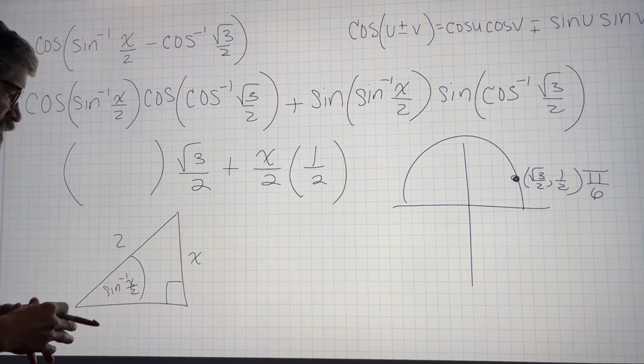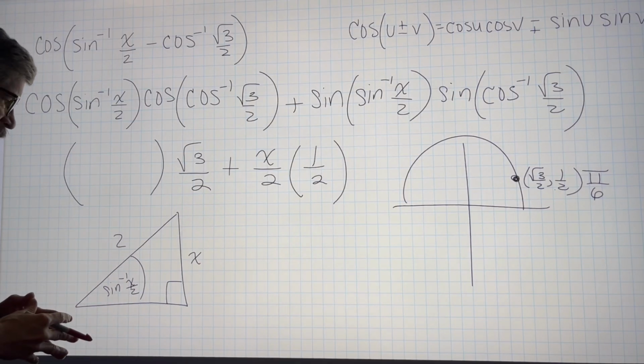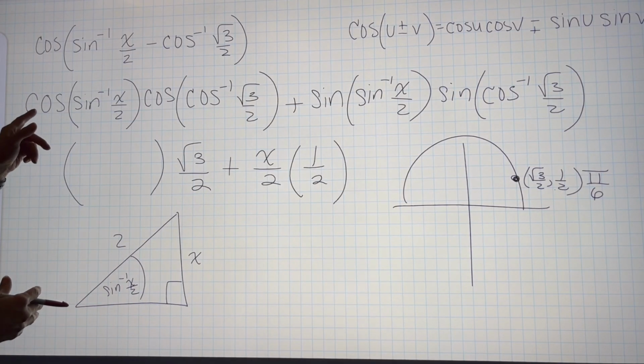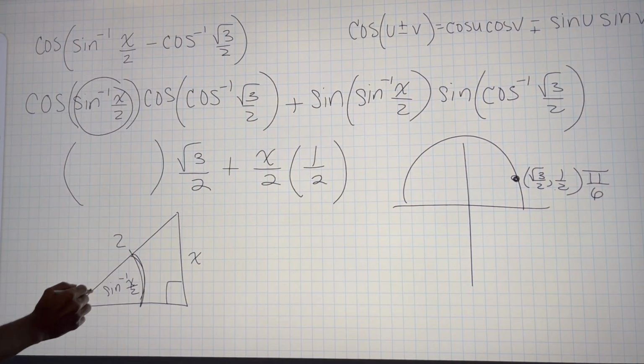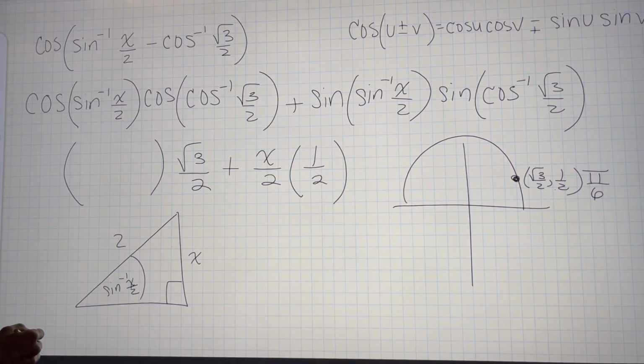There are other ways to do this, but this is a way that I like to think about it. The cosine of this angle is the adjacent over the hypotenuse.